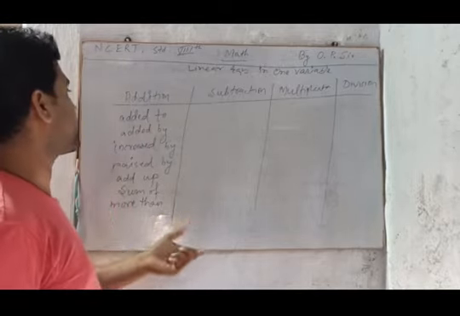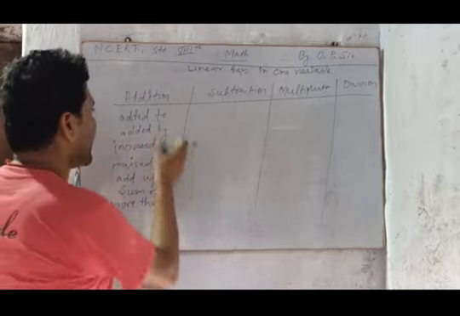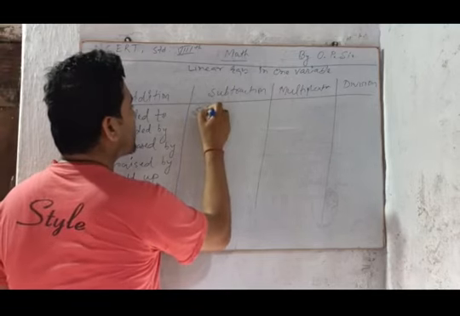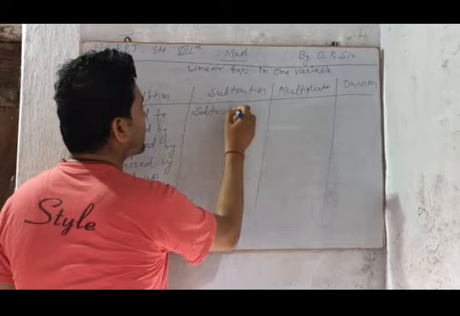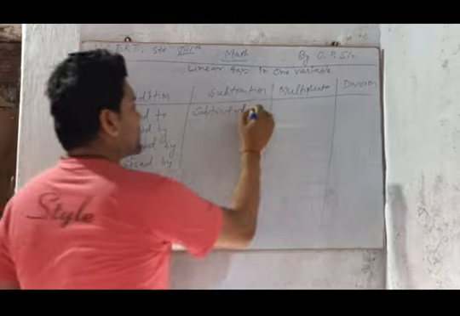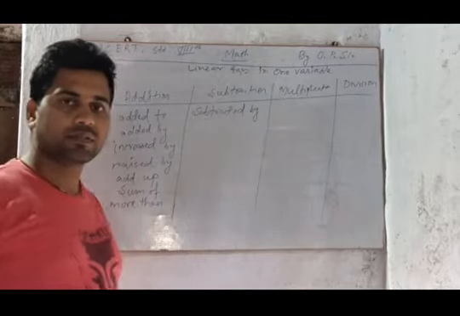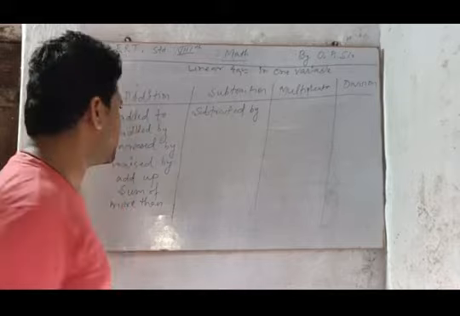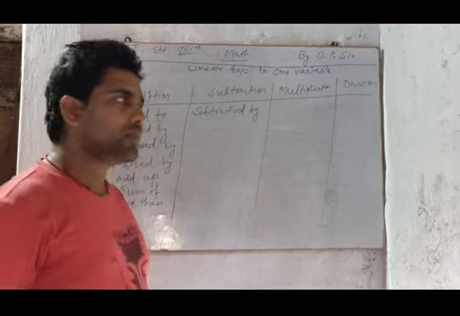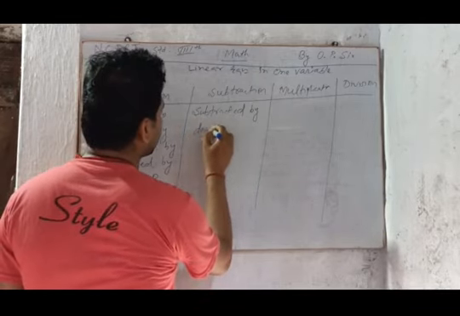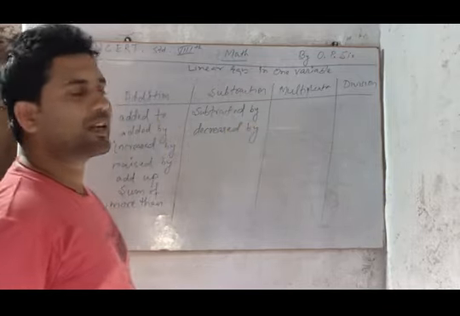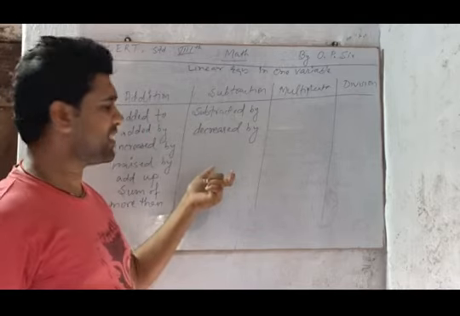Now in case of subtraction, by this only we will get an idea which type of words may come. Like added to, we will write subtracted by. Hardly is subtracted to coming. Now increased by, we see decreased by. Raised by means for subtraction, that will be reduced by.